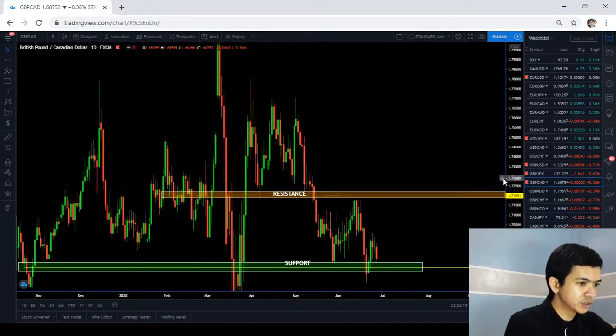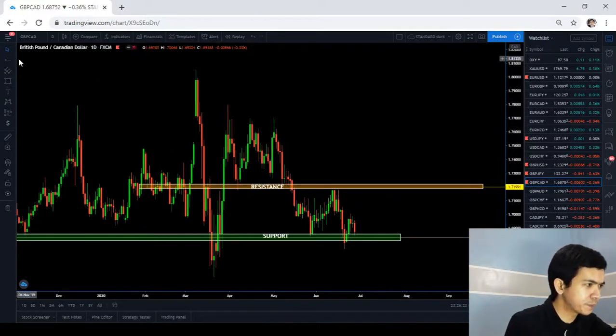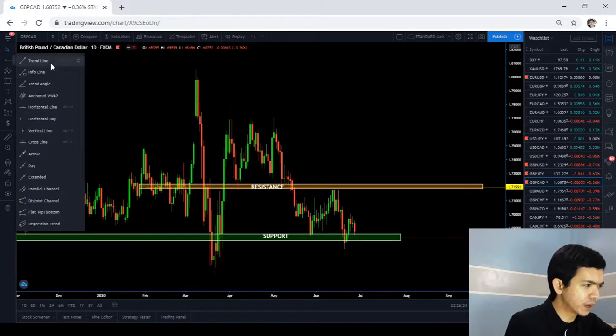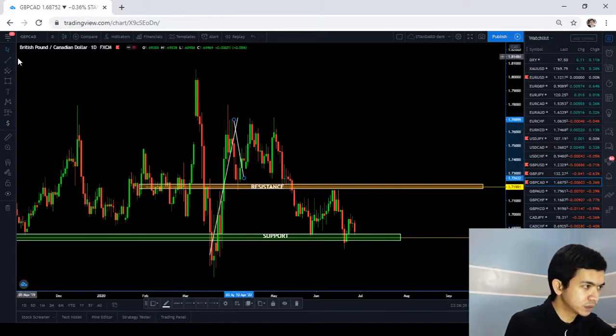Okay? So, if we analyze the market structure, kita natin na the price had this strong impulse move, breaking this resistance that was previously support, and then suddenly stayed on it for a while, and then suddenly breaks it.